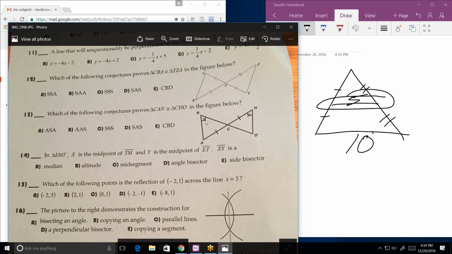Well, let's see. We have that angle equal to that angle. We have that angle equal to that angle. We have, therefore, A is equal to O. So we have all three angles equal, and we have two sides equal. Those two triangles are congruent. Well, we can't say that by one of those methods. Why can't you use AAS?